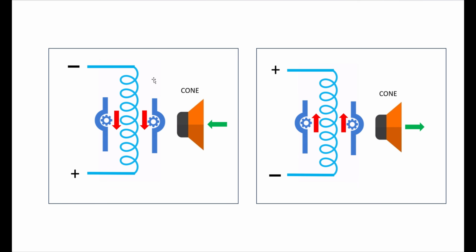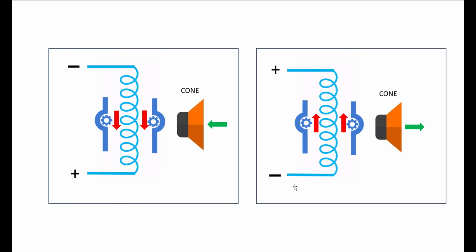And because the cone is attached to the voice coil, it will cause the cone of the speaker to move back as well. And then if you reverse the polarity and you apply a positive voltage to the voice coil, the opposite will happen. The voice coil will move forward, and of course, because the cone's attached to the voice coil, that will move forward as well, right?